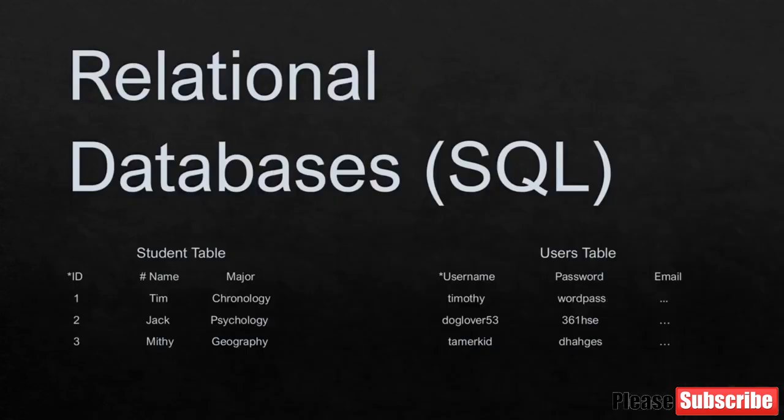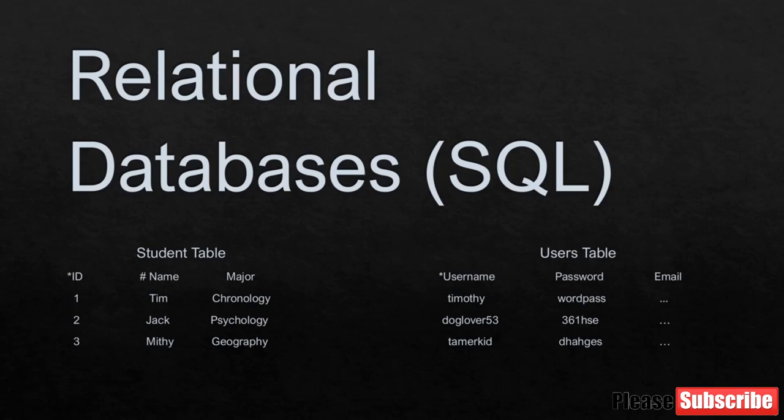Now let's see how relational databases actually look. Here we have two tables. One is the student table and one is the users table. Both of them are correlated. Let's start with the first one. We have ID, name, major, username, password, email, which is kind of the basics of a table. According to each of those requirements, such as ID, name, major, we have it fulfilled.